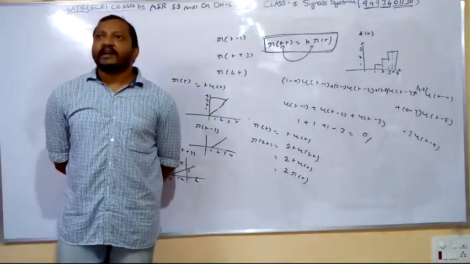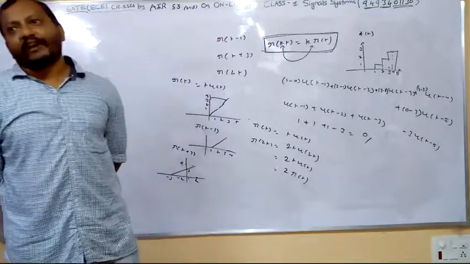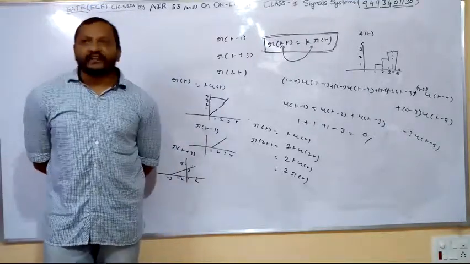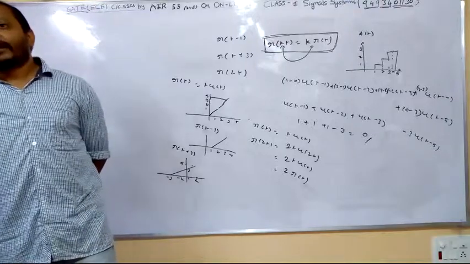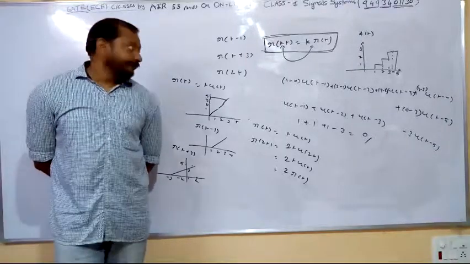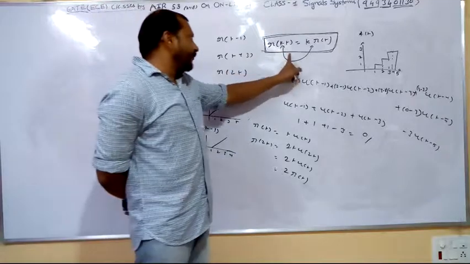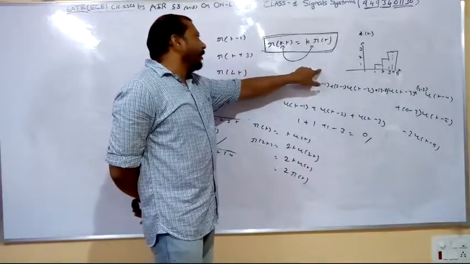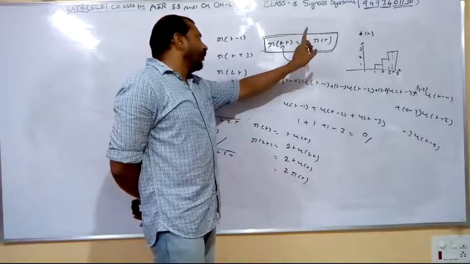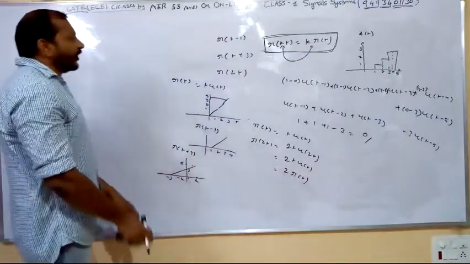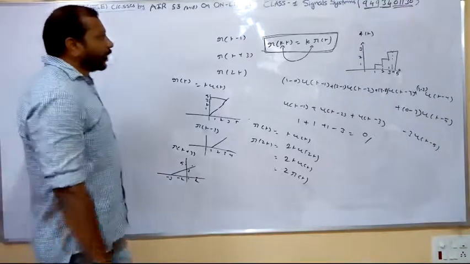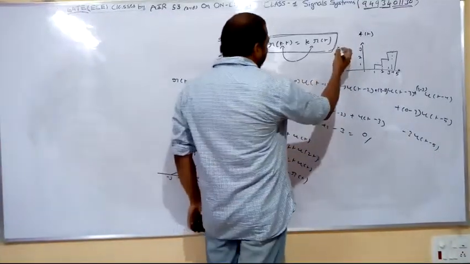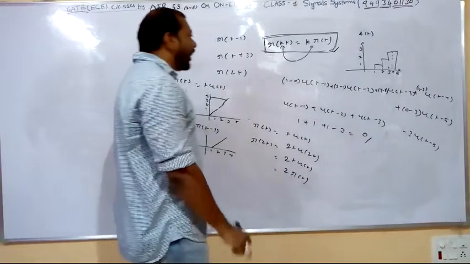As the time instants are shifting or scaling, the time instants change, so the corresponding amplitude also changes. Now r of kt is equal to k into r of t, which is time scaling leading to amplitude scaling.